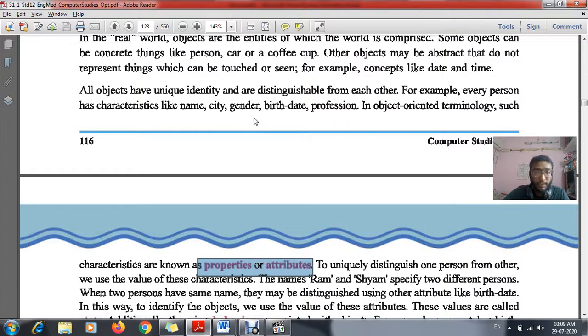Gender: male, female or other options. Date of birth: each person does not have the same date of birth. Profession: it is not necessary that each person will be a doctor, engineer, professor or anything else. Such things are known as your attributes or properties. I hope you all have understood.